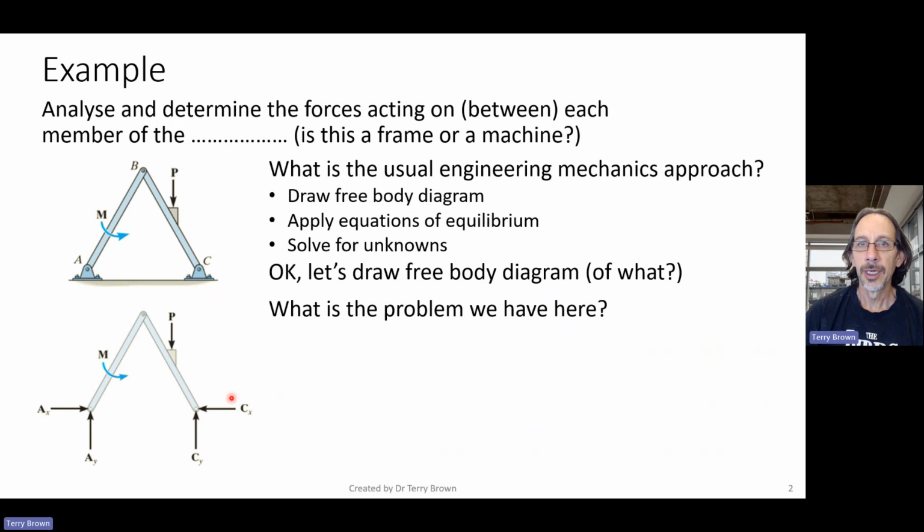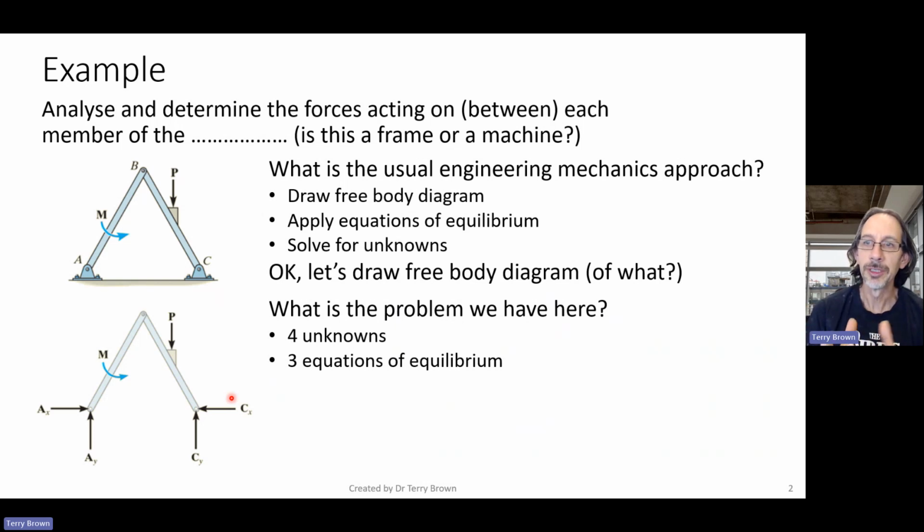So if we do that, what's the problem we have here? We've got 4 unknowns and 3 equations of equilibrium. So just drawing a free body diagram of the entire frame or machine, if it was a machine problem, on its own is not enough for us to solve for all of our unknowns.